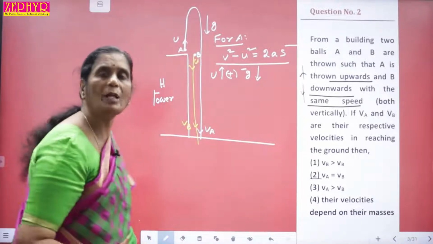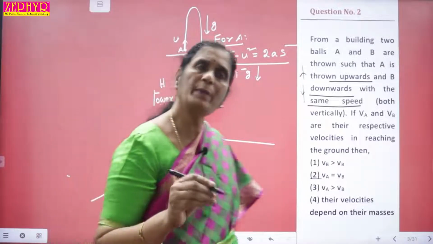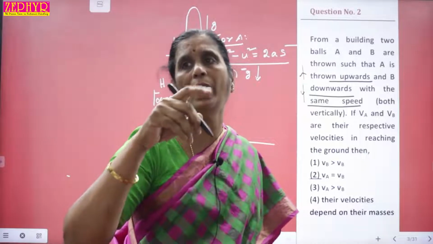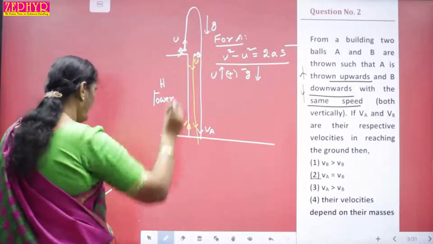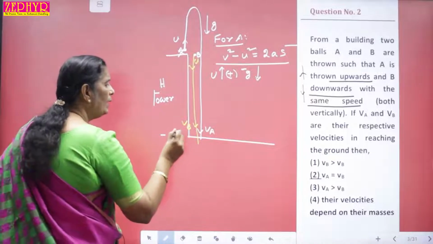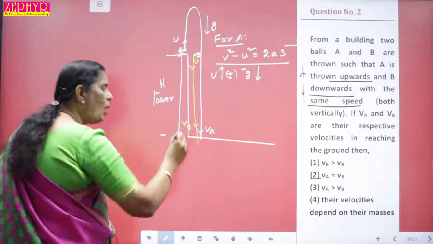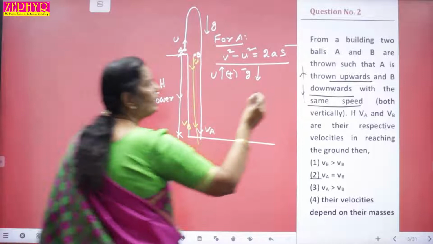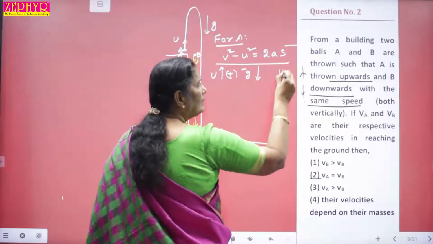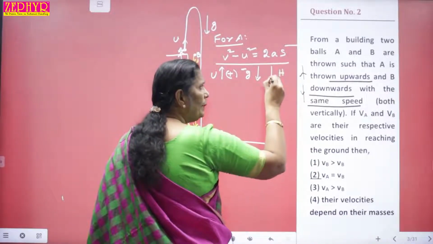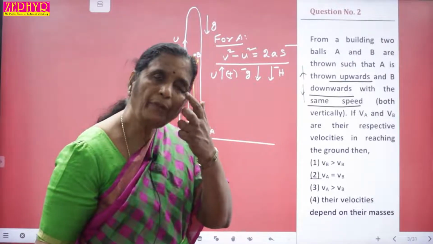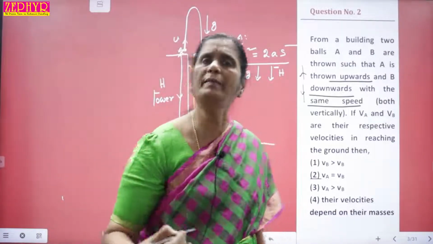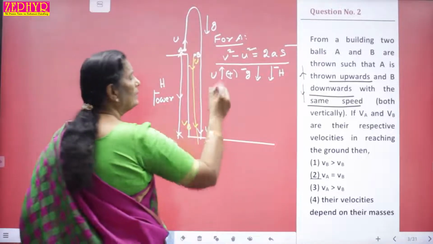And what about displacement? Displacement is from the top of the tower to the bottom. This is the first point and this is the second point. Displacement will be downward, so our S, which is called H, will be downward, so we take the minus sign. But V is unknown, so don't apply sign convention to it.